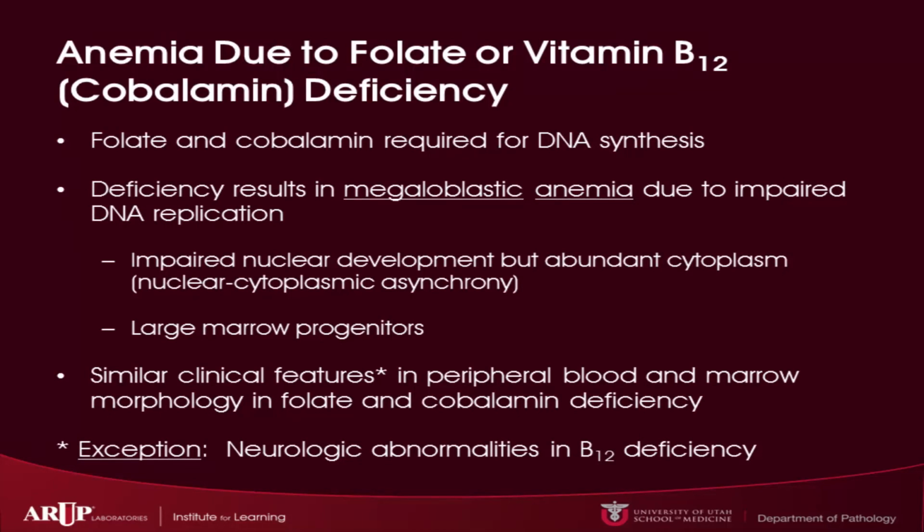That doesn't happen in folate deficiency, because folate is not required for myelin generation. But apart from the neurological abnormalities, the majority of the features are similar in both these conditions.